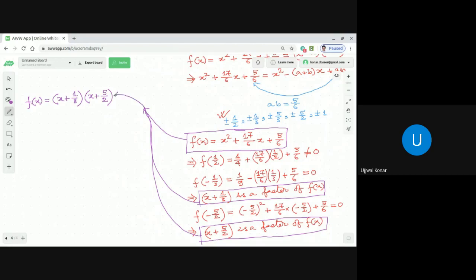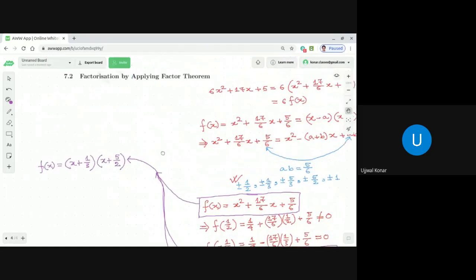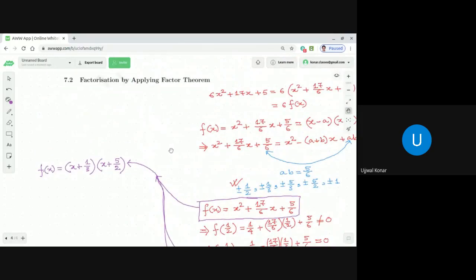Now, as we are able to write f(x) equal to (x + 1/3)(x + 5/2), from here, 6x² + 17x + 5, as we have seen earlier, is equal to 6 into f(x).